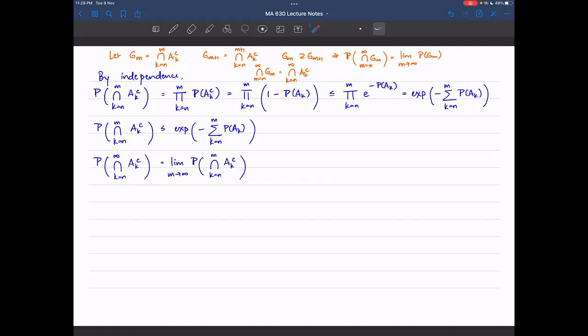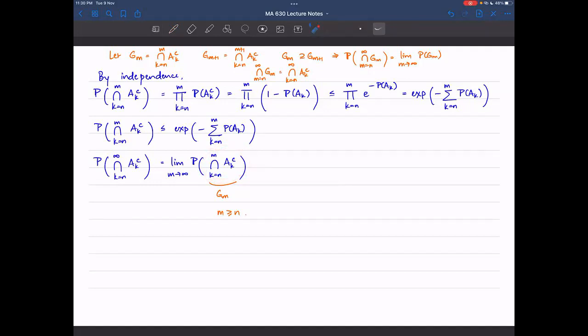Probability of the intersection k going from n to infinity, ak complement is the limit as m goes to infinity, P of intersection k going from n to m, ak complement. So basically I'm saying, think of this as my Gm. This thing is only defined for m greater than or equal to n. Now, as m gets bigger, I'm taking an intersection of more and more sets, so the result keeps getting smaller.